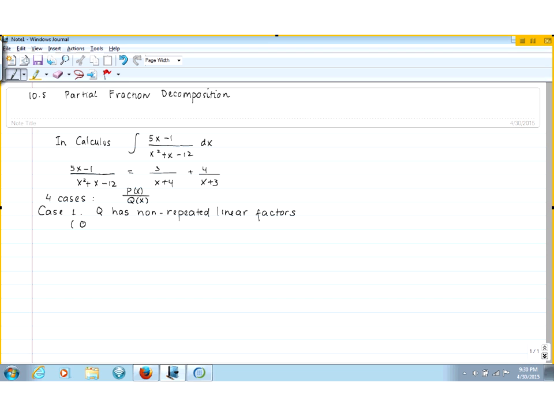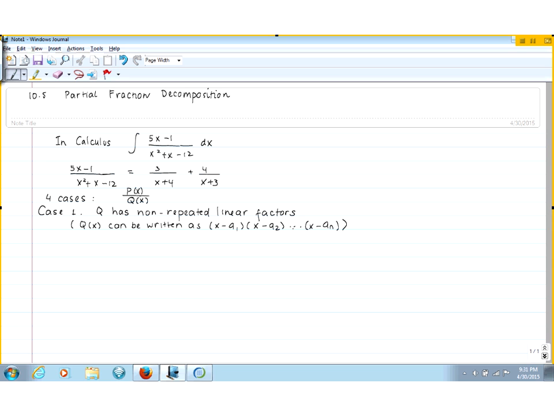So Q of x can be written as x minus a1, x minus a2, etc., until x minus an. These are all linear and non-repeated.